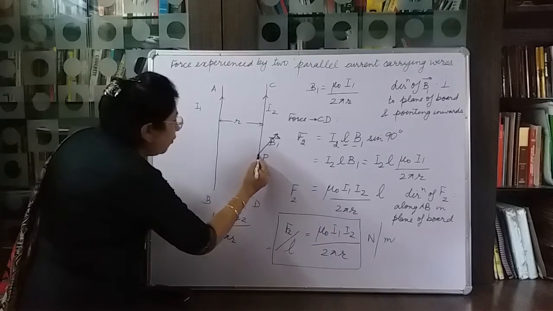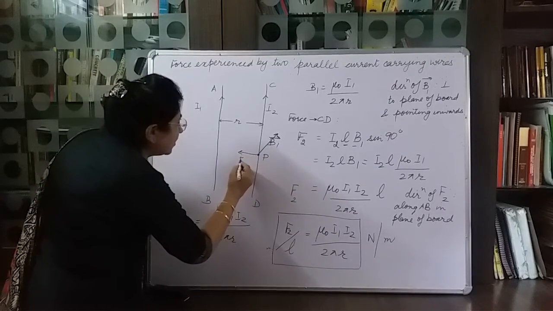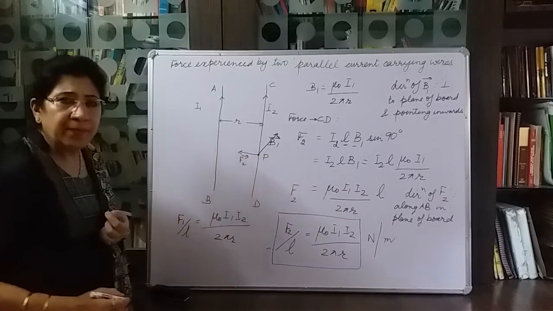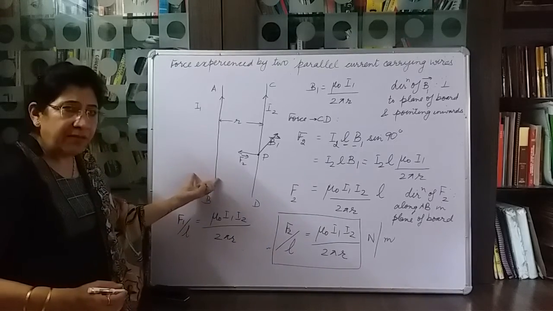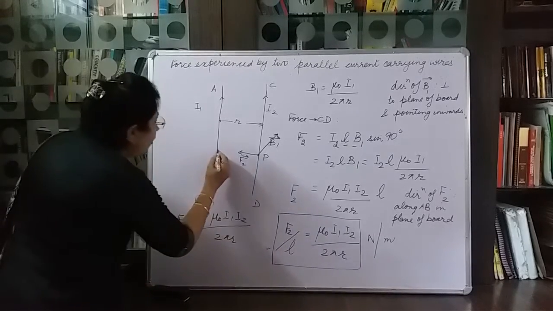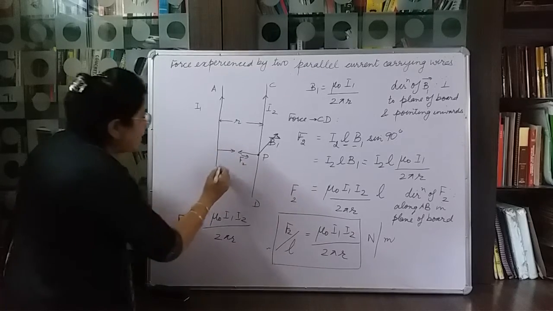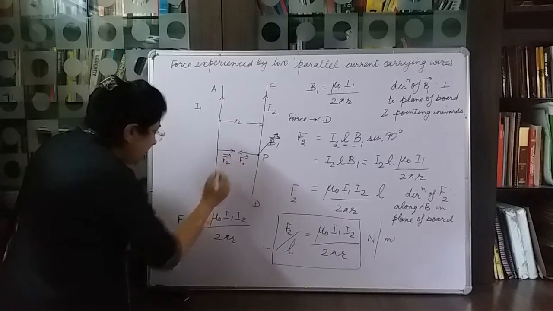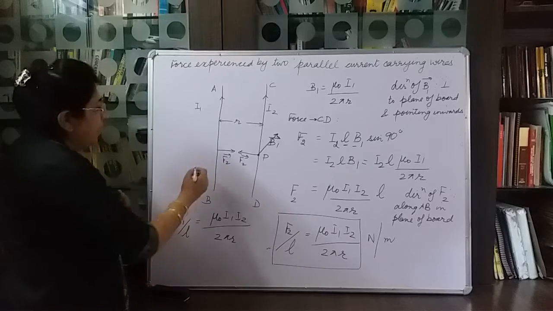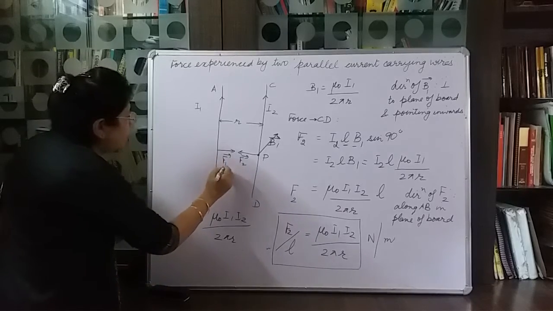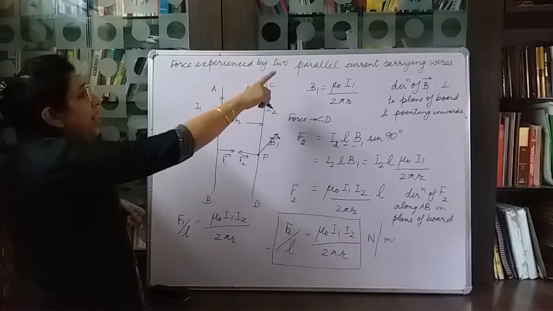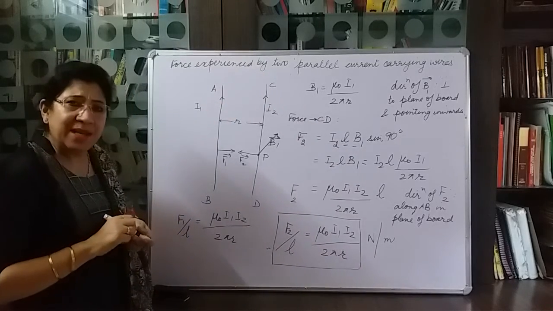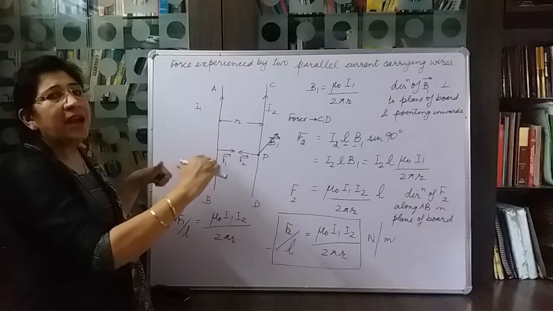The direction of force in this case was towards AB, and when we find the force on the wire AB, the force will be towards the wire CD, an equal and opposite force. So we can say when we have two parallel wires carrying current in the same direction, they will attract each other.